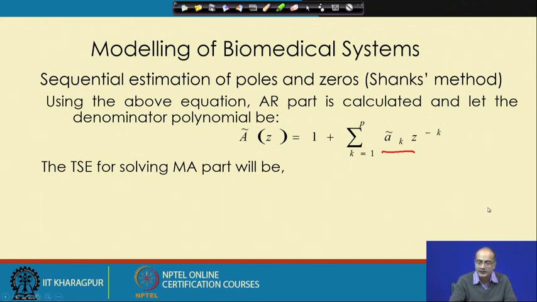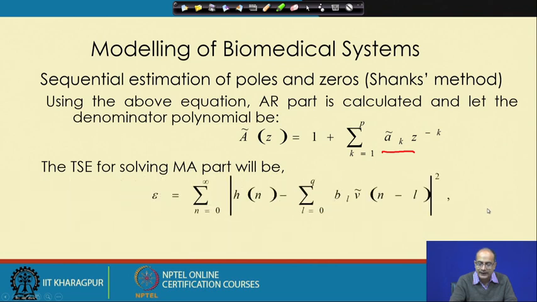We can represent that as the error in the MA part, where we would need the value of v tilde n minus l. And because Hn is known, we can compute the bls in the same way.